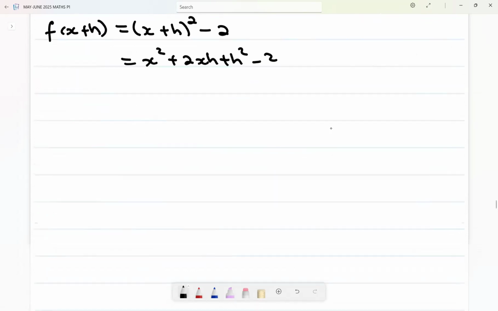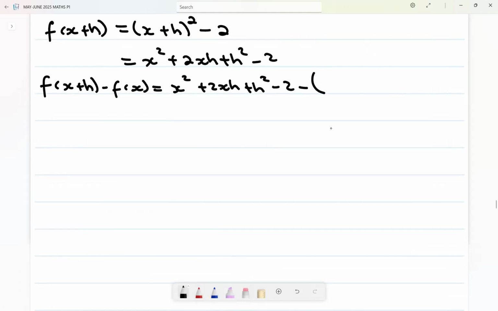Guys, you know how to do this. And then find f of x plus h minus f of x. It's going to be x squared plus 2xh plus h squared minus 2 minus f of x, and f of x is x squared minus 2. So the x squared minus 2 will cancel off.